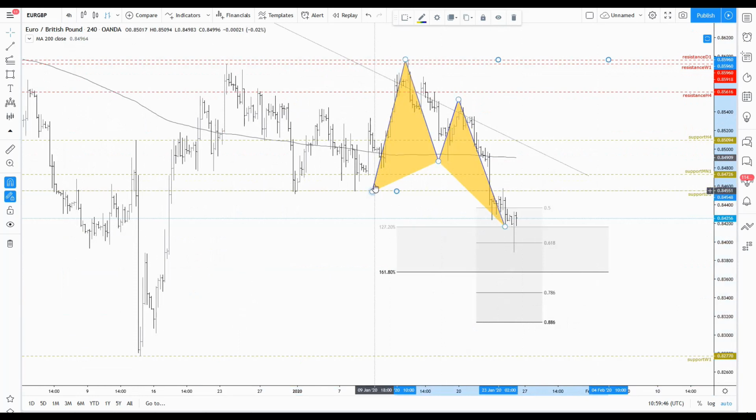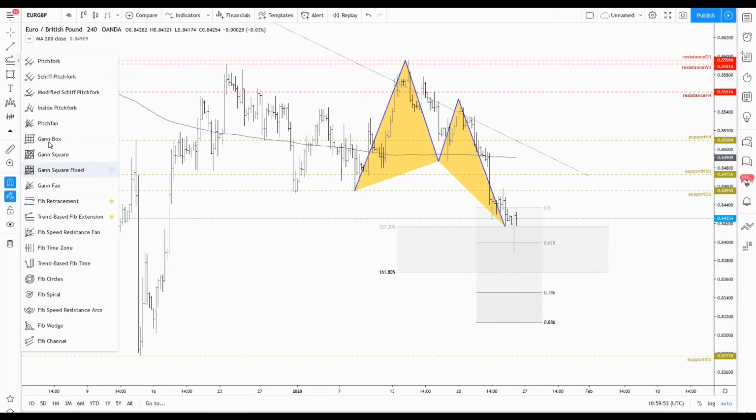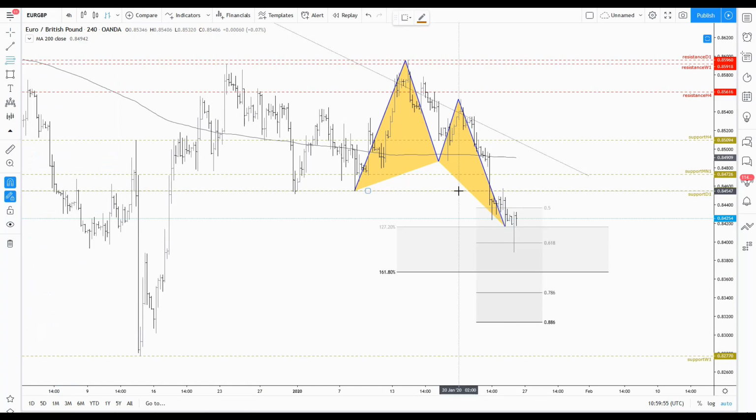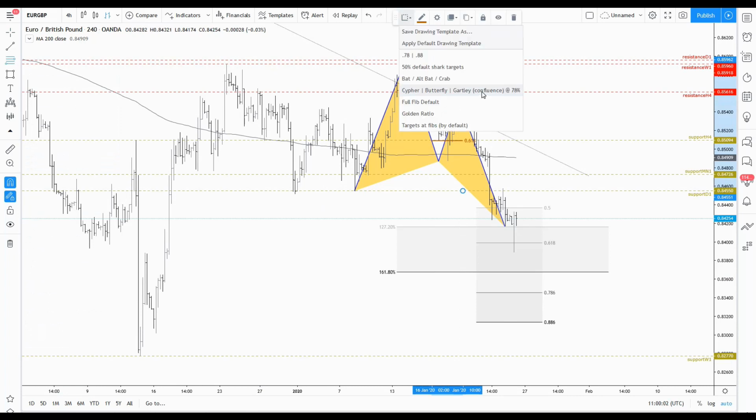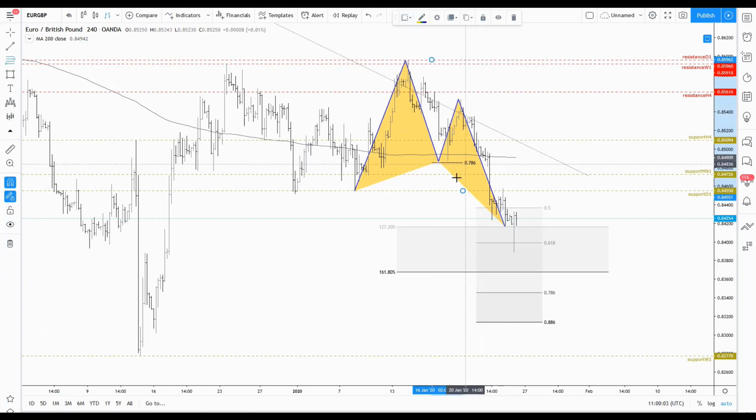127 extension. This is nothing more than the bullish butterfly pattern, and one of the levels that will identify that pattern is the 78% Fibonacci retracement level being reached, or at least the price trading very close to those levels.